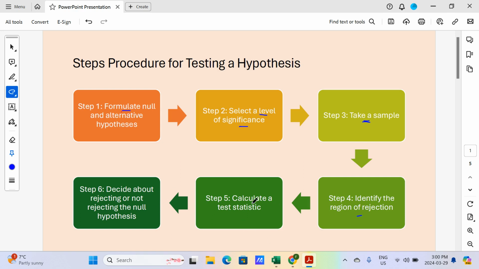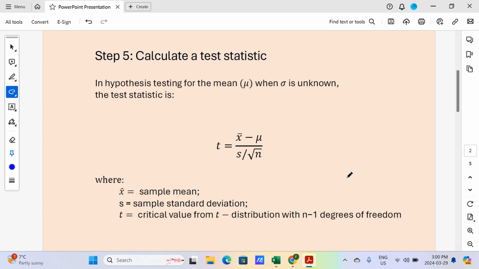Okay, so in step 5, I told you when sigma is unknown, we need to calculate t statistic, t value for X bar, if we do a hypothesis testing for population mean. Look at here. T value of X bar can be found by using this formula.